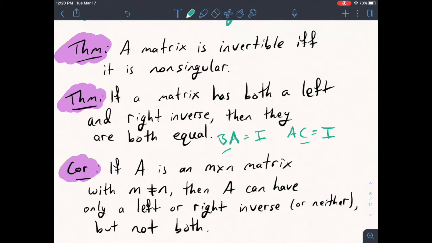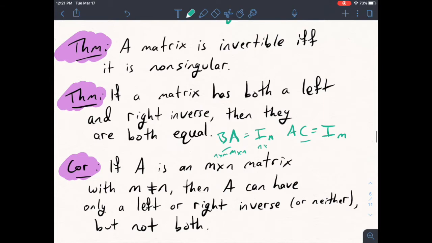The reason being, if BA is equal to the n by n identity matrix, and AC is equal to the m by m identity matrix, then because A is m by n, B would have to be n by m, and then you get the n by n identity matrix. Similarly, A times C would be m by m.